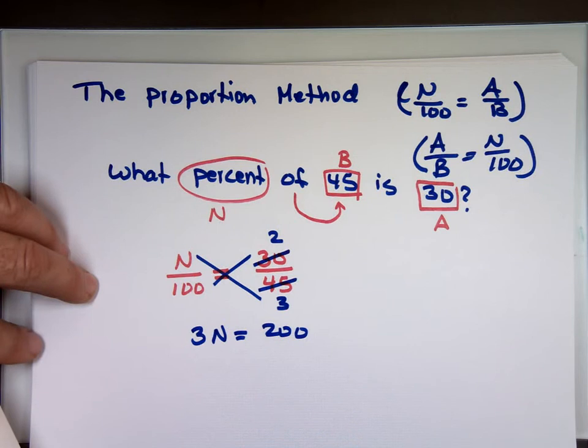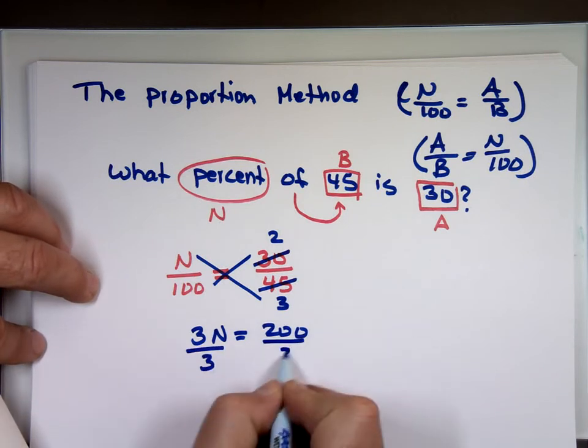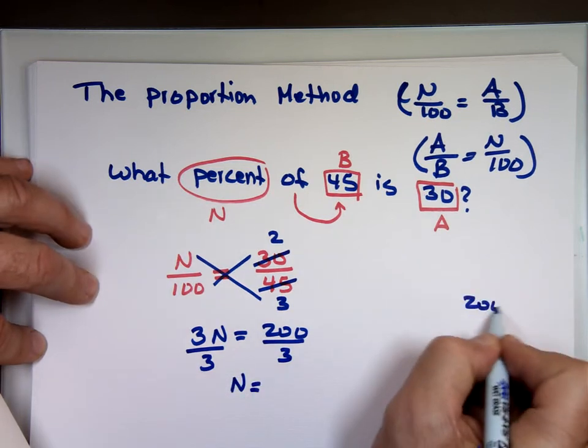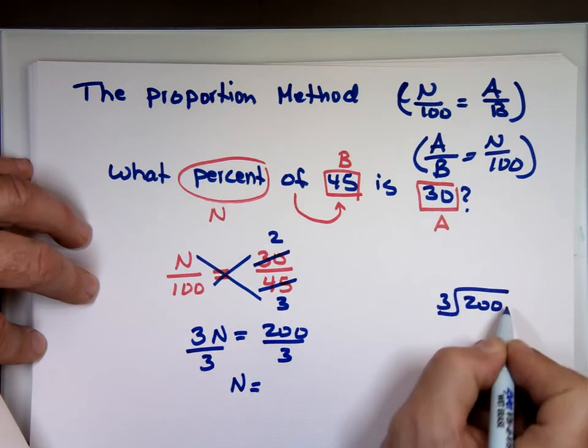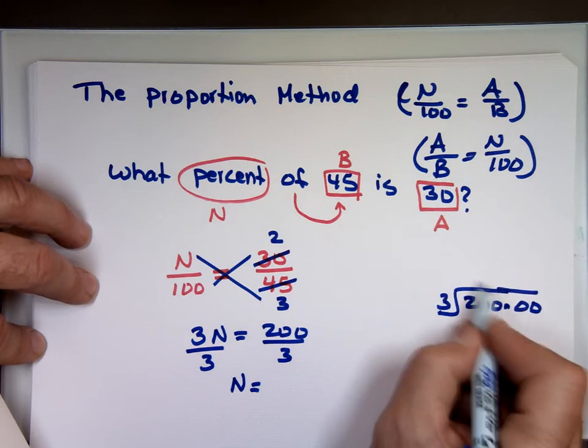And to solve for n, we're going to divide by 3. 200 divided by 3. There's my decimal point, lots of zeros. 20 by 3 is what? 6. 6 times 3 is 18.